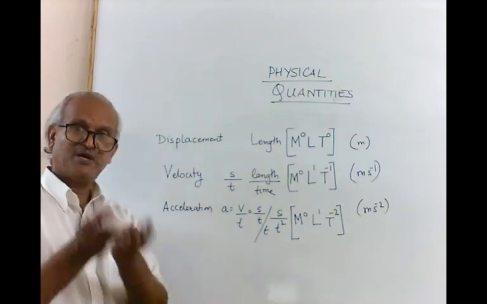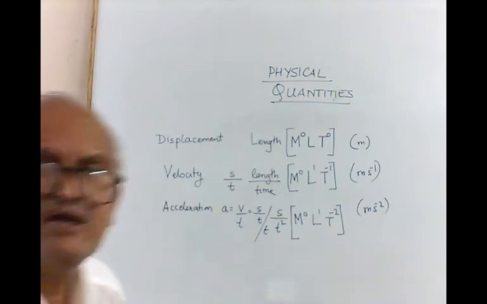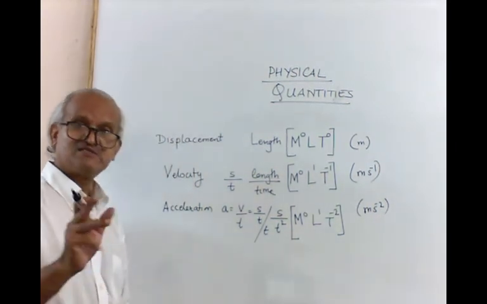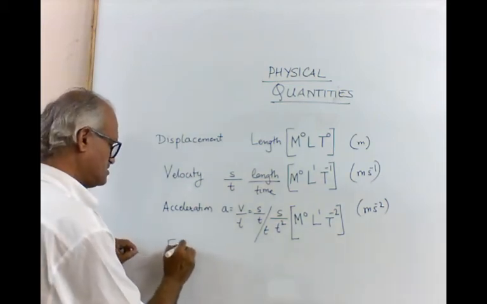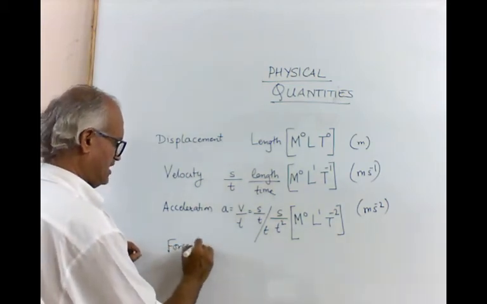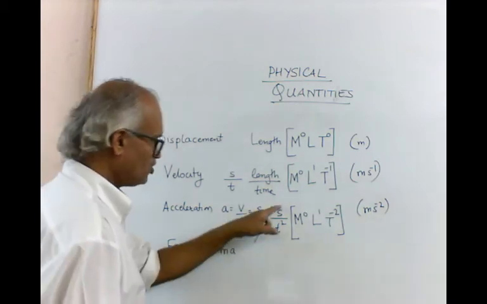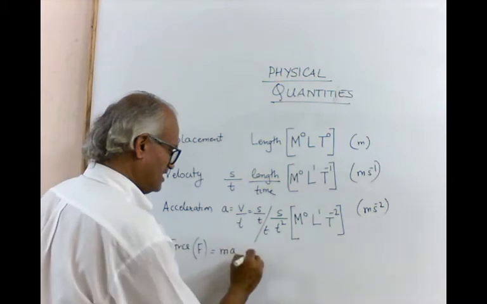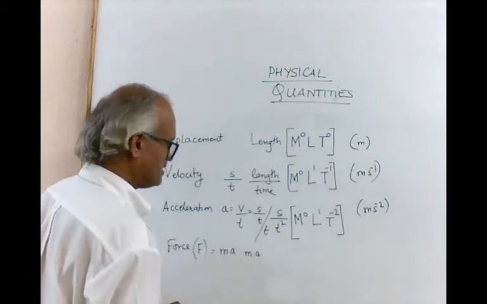अब acceleration multiplied by mass gives us force. So next I write force, which we often write as F is equal to mass into acceleration. So it will be having mass, so m acceleration.